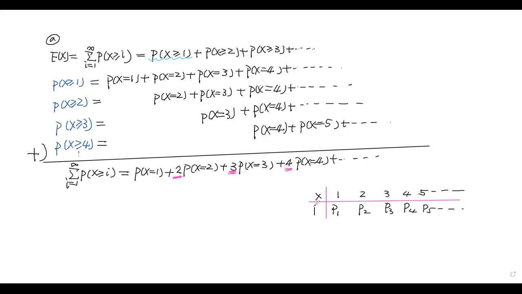Based on the expected value, we have 1 times P1, plus 2 times P2, plus 3 times P3, and so on. So that is how we prove this is equal to the expected value of x. The first part is pretty simple and easy.